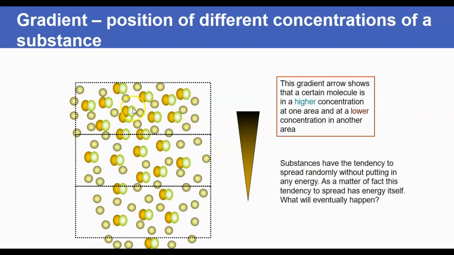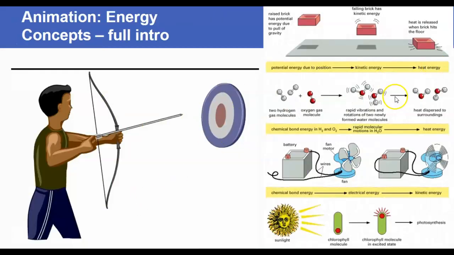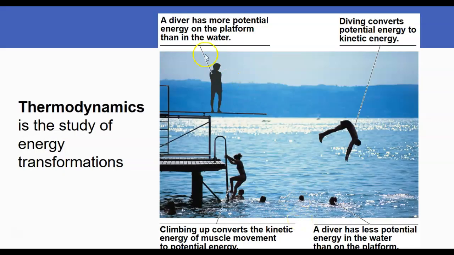When you have a higher concentration and a lower concentration, that's that potential energy from the movement of those molecules to reach equilibrium. Sunlight is another good one, but we'll focus on some examples of this study of thermodynamics.